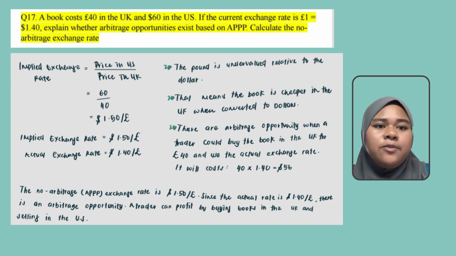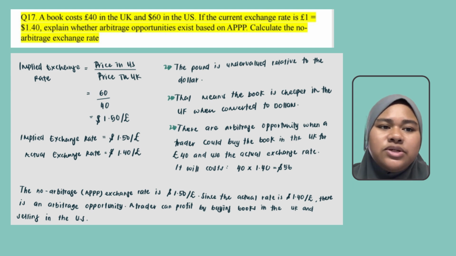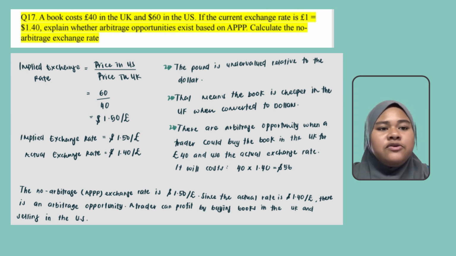This will create a potential arbitrage opportunity, so that a trader could buy the book in the UK for £40, convert to $56 at 1.4 per pound, and then resell the book in the US for $60.